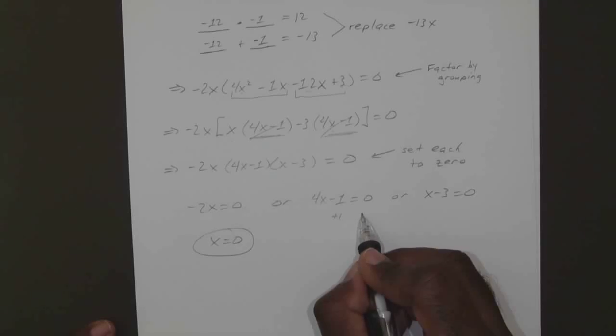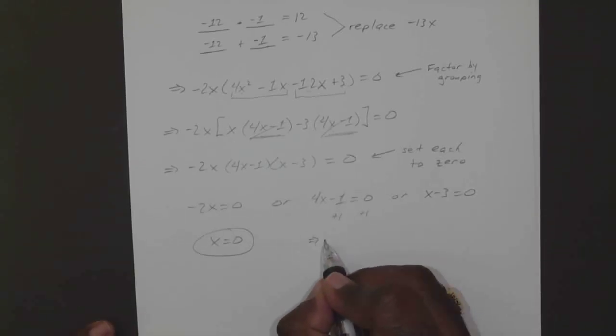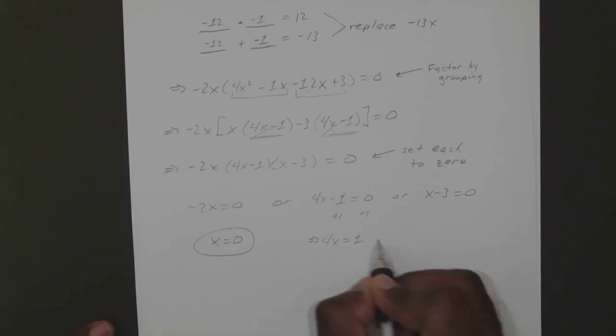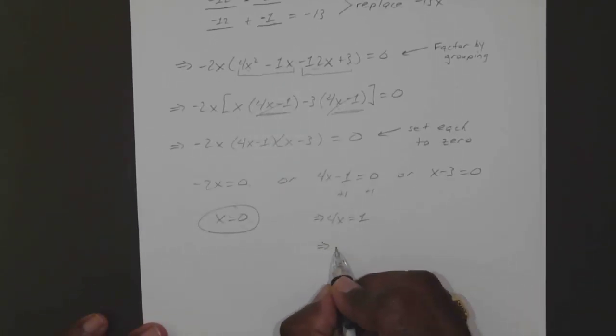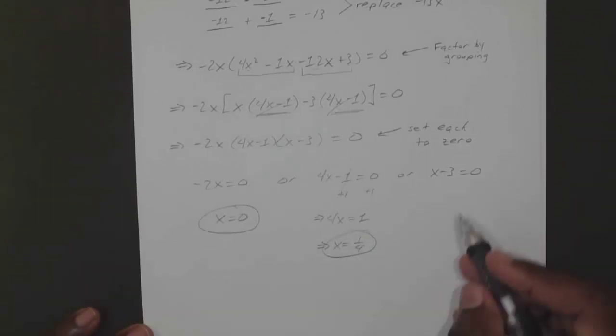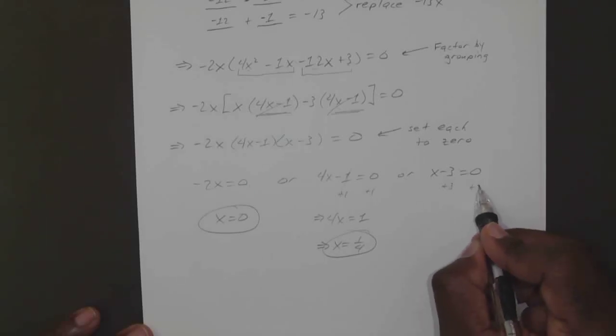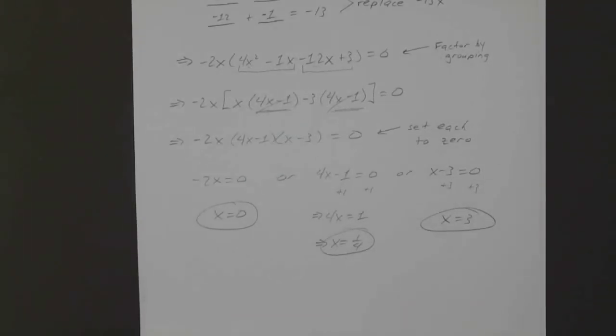Here, if we add 1 to both sides, that cancels out, so that gives us 4x equals 1. Divide both sides by 4. X equals 1/4. And here, add 3 to both sides. It gives us x equals 3.